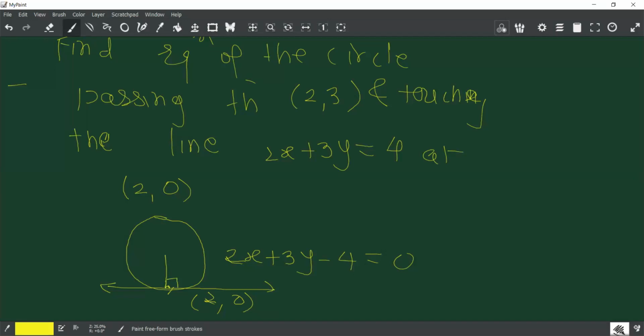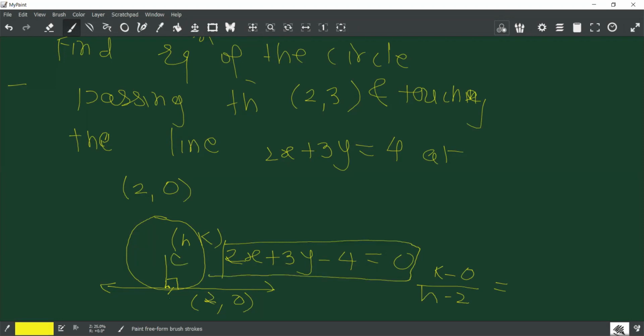If you take h comma k as the center, you can also find the slope, right? The slope of the line from the center to the point of contact is k minus 0 upon h minus 2, and it will be the negative reciprocal. You will first write nicely that the slope of this tangent is minus 2 by 3.